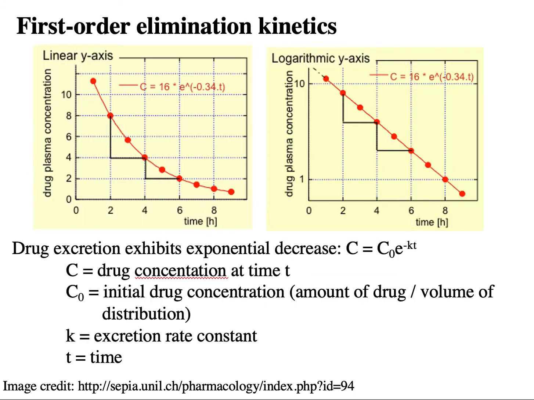It's a lot more common to have first order elimination kinetics. Back in the day we didn't have good computers, so we always had to put it on a linear scale because we couldn't handle exponentials. But you can handle exponentials.